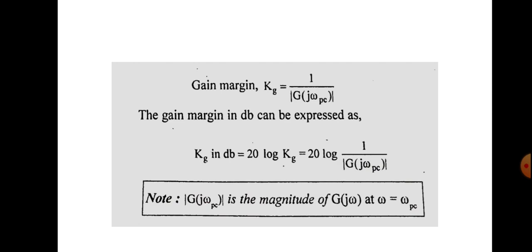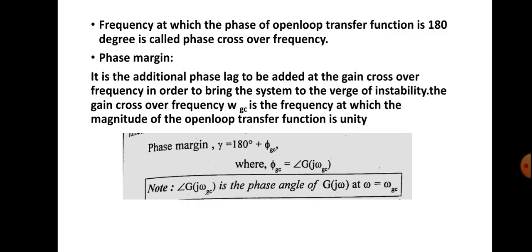So gain margin is obtained by this equation, and the dB value of the gain margin is obtained by Kg in dB equals 20 log Kg. So we get 20 log 1 by modulus of G(j omega) at the phase crossover frequency, where modulus of G(j omega pc) is the magnitude of G(j omega) at omega equal to omega pc.